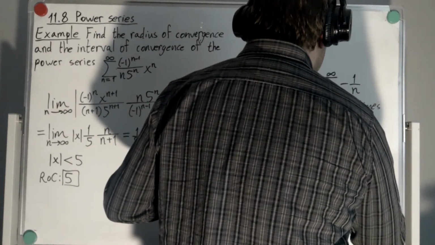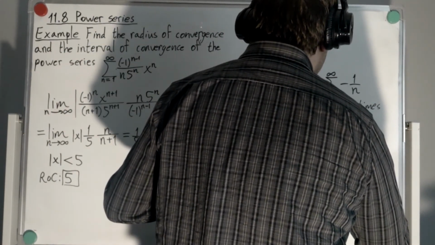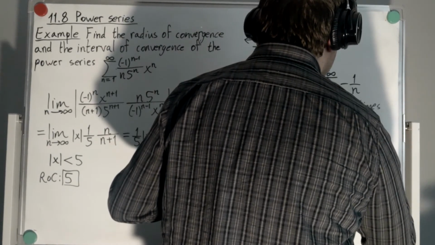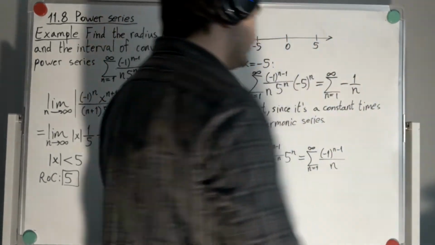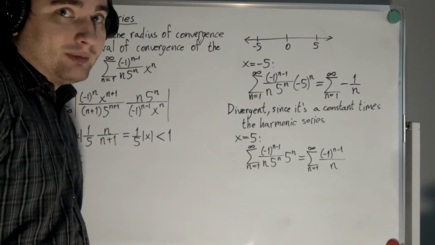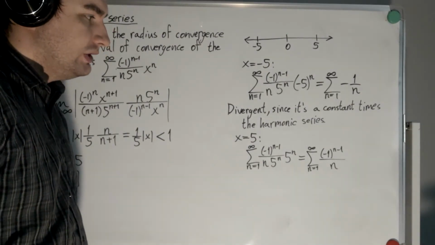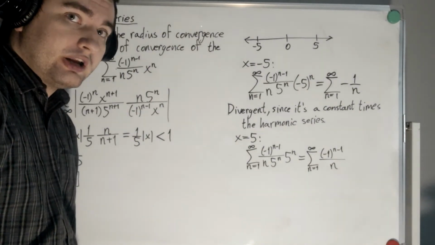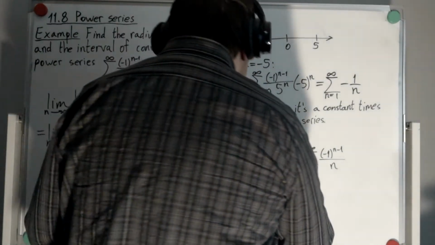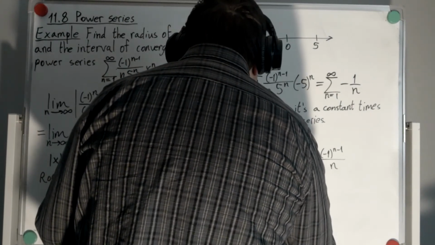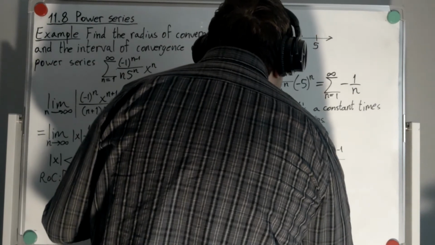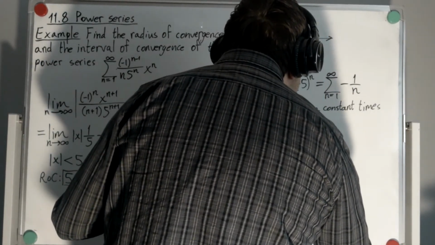So now this becomes the sum from n equals 1 to infinity of negative 1 to the n minus 1 divided by n. That's the alternating harmonic series, which is conditionally convergent according to the alternating series test. So this is convergent by the alternating series test.